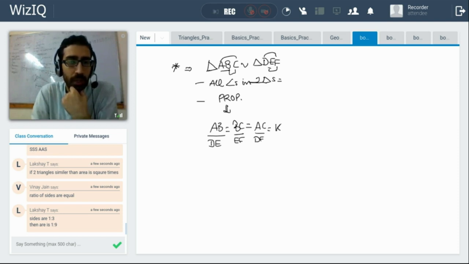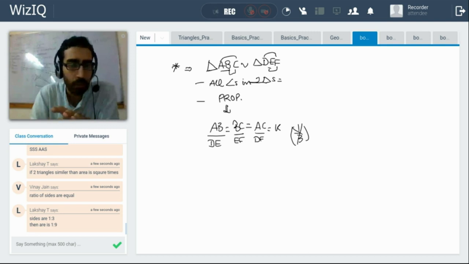Let's say this ratio is equal to K. Like mentioned by Lakshay, 1:3. This could have been easily 1/3. There is no problem. This could have been 1/10. This could have been 1/50. It doesn't matter.